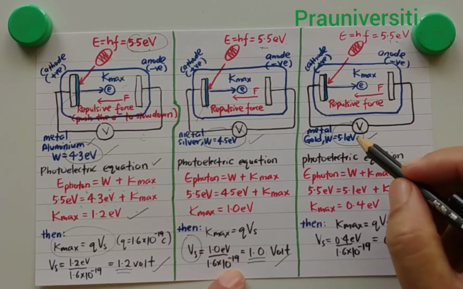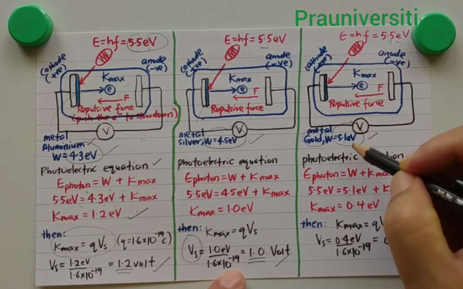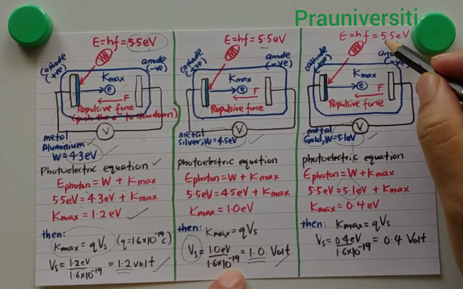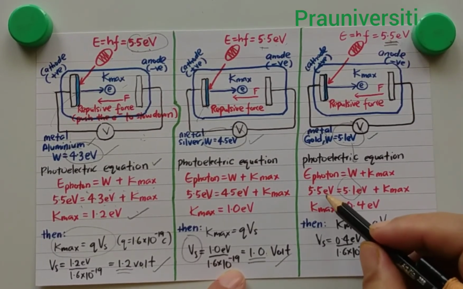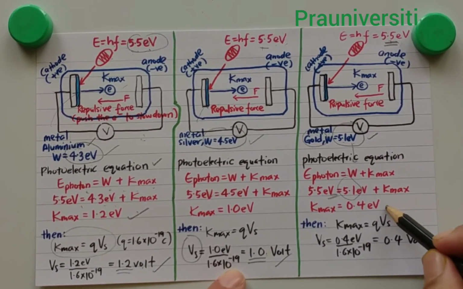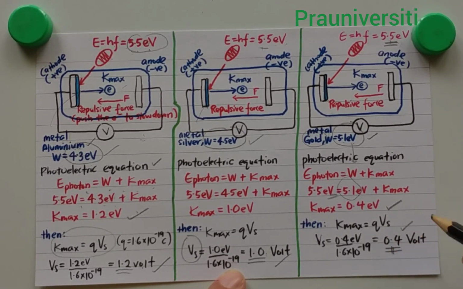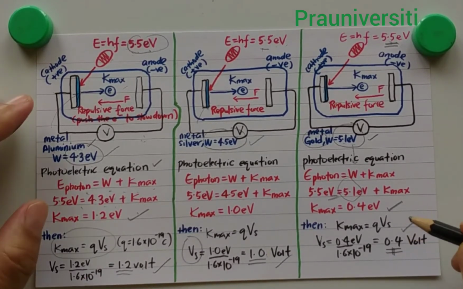Same with diagram number 3. We have the work function of 5.1 electron volts and the energy of the photon of 5.5 electron volts, so the maximum kinetic energy is 0.4 electron volts. Then we calculate and have 0.4 volts as the stopping voltage.